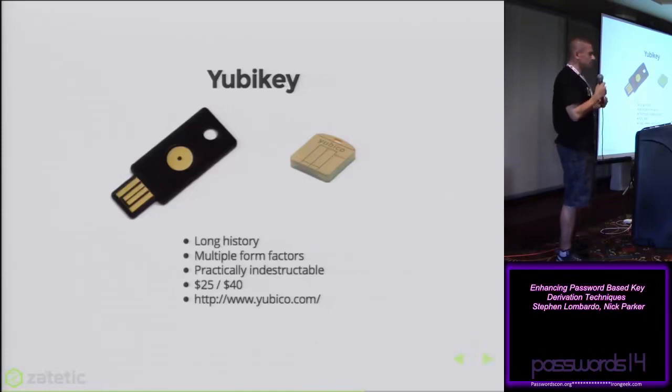So we got into looking at the interface, and it has a suite of onboard crypto functions that you can call. They're practically indestructible. Like, you can run over them. They're waterproof. People routinely write in about how they toss them in the washing machine and then dried them for 3 hours and they still work. And they're inexpensive. Individually, they only cost like $25 for the larger form factor and maybe $40 for the smaller one. But if you buy them in bulk, the pricing goes down very considerably.